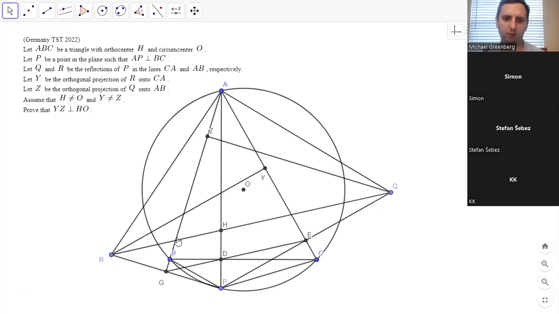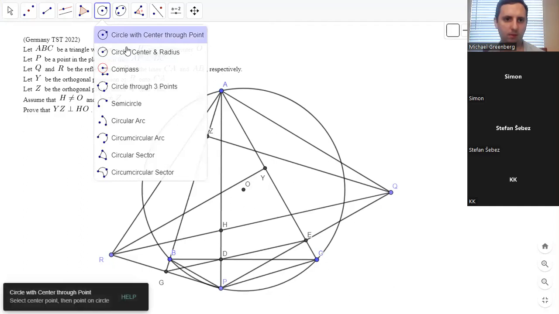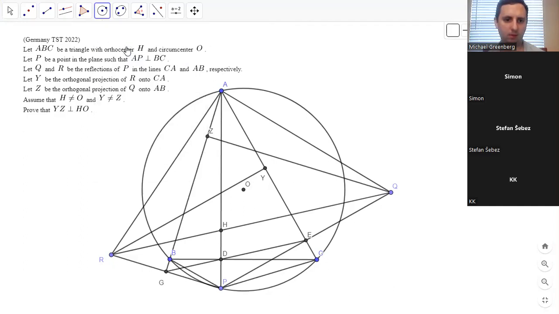You know, this is a right triangle. Is there some kind of good circle through H that we can use? I don't know.